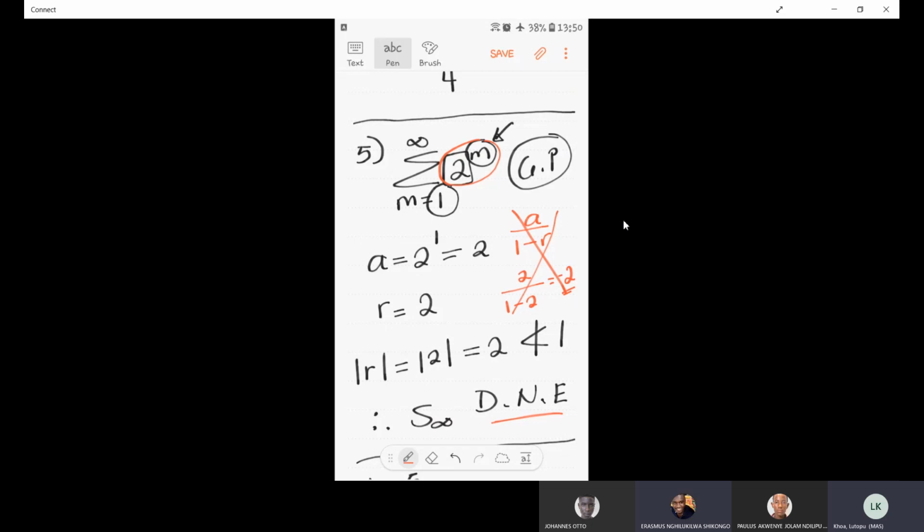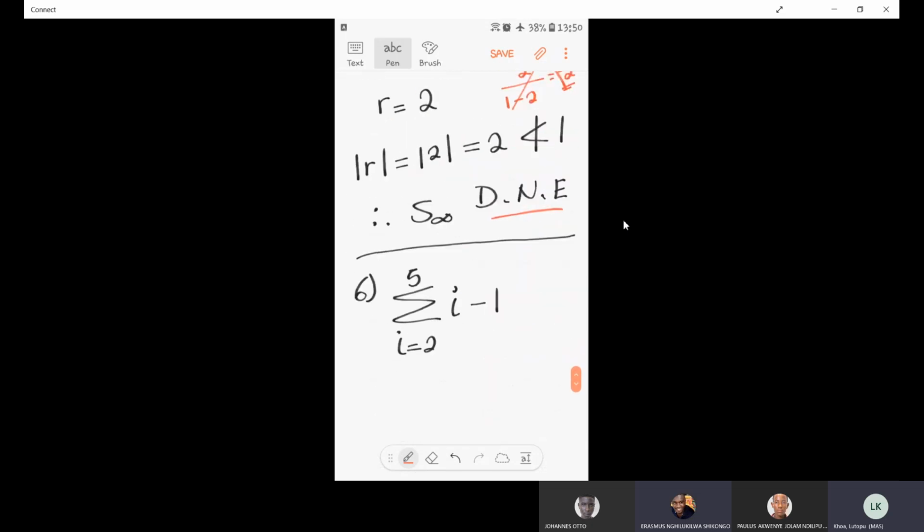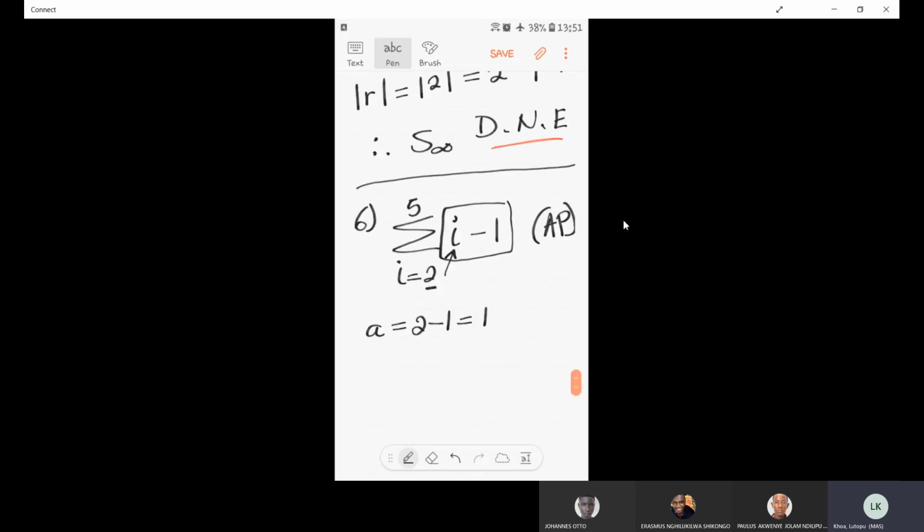Then number 6, this one is arithmetic, because what I have over here is linear. We say that the first term A, I just substitute the starting point where I have i, so this is 2 minus 1, which is equal to 1. And then my D, this is the coefficient of i, which is equal to 1.